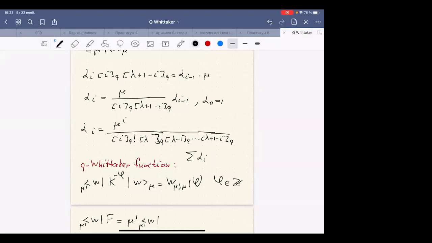This was a Whittaker vector. Now we erase v and replace f by some complex variable x. We obtain a function of x.